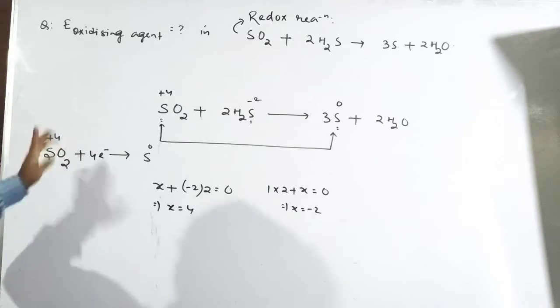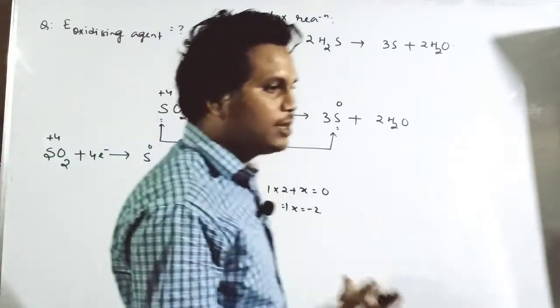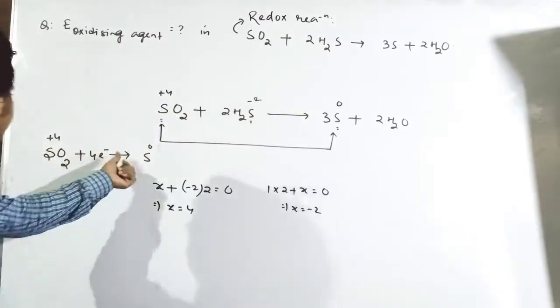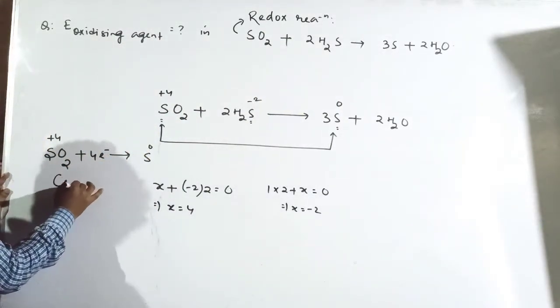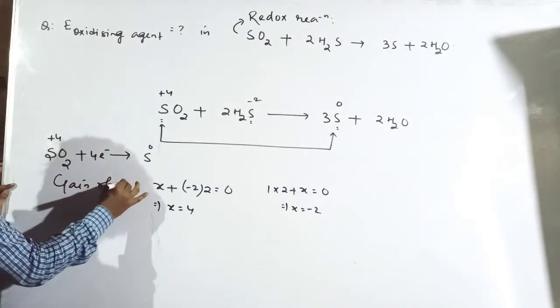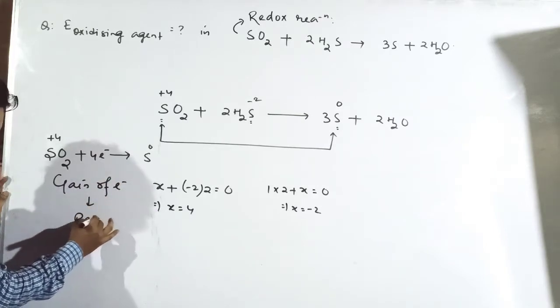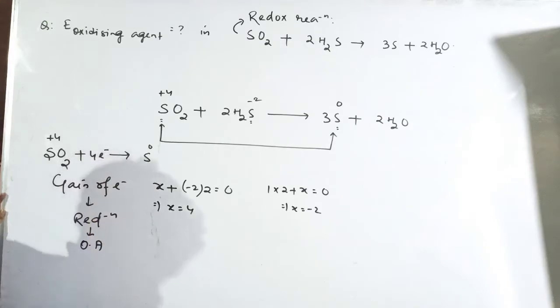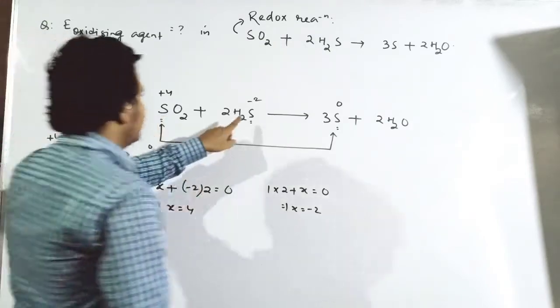So here gain of electron occurs, and gain of electron is called reduction, and the reduced species is the oxidizing agent.